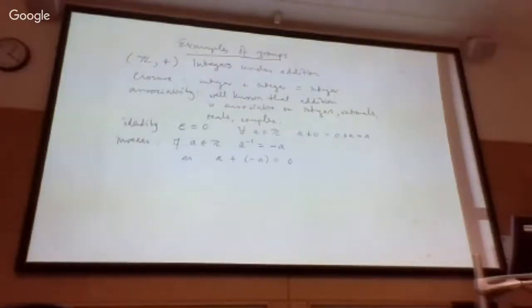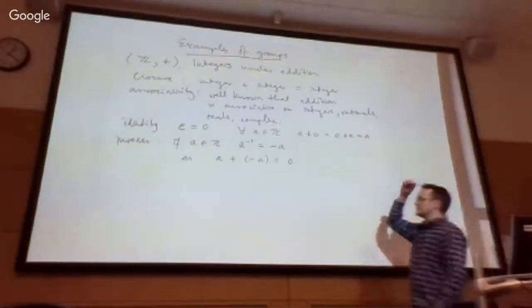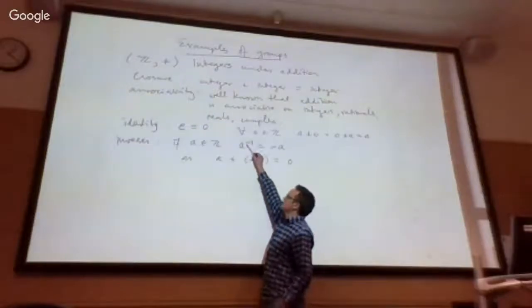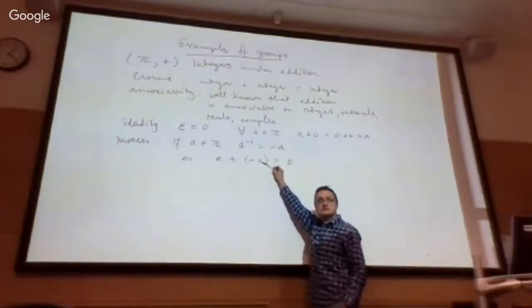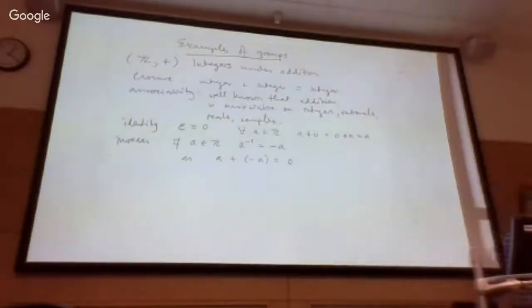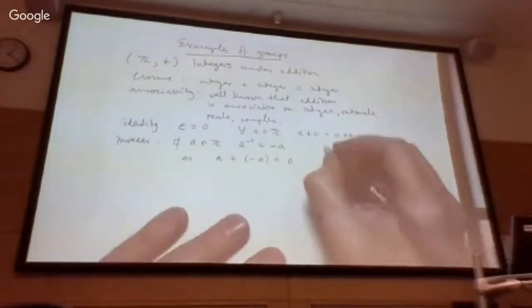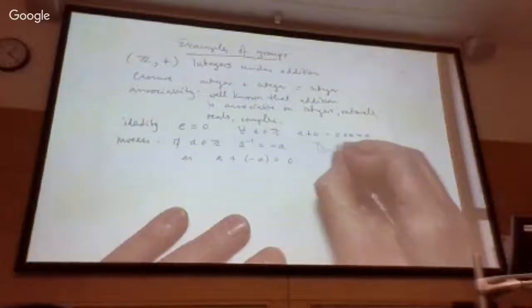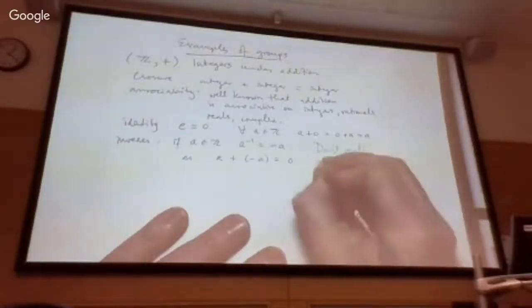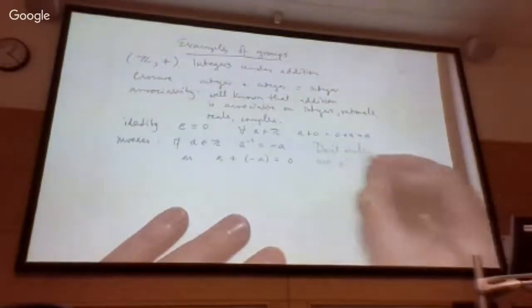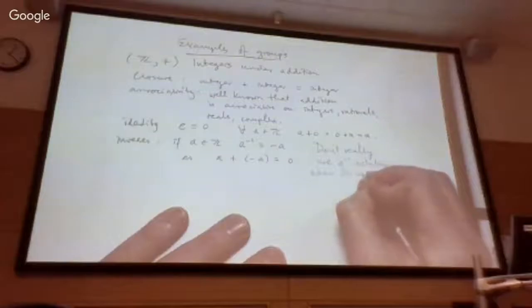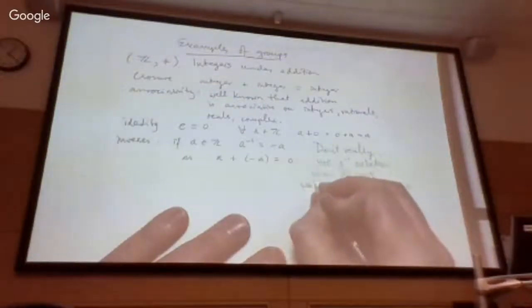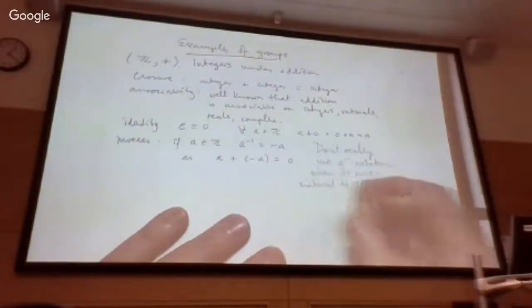In fact, when you're talking about the integers under addition, you don't use this superscript -1 notation. You use the negative notation to talk about integers. In fact, we don't really use the A inverse notation when it's more natural to use additive notation.